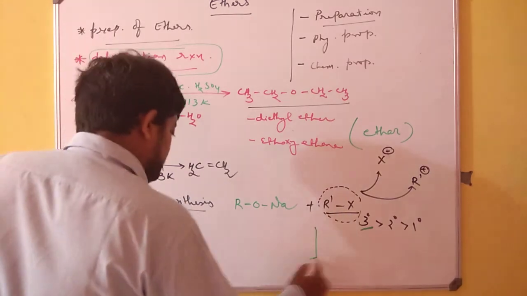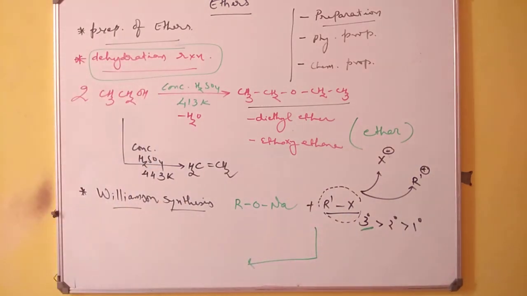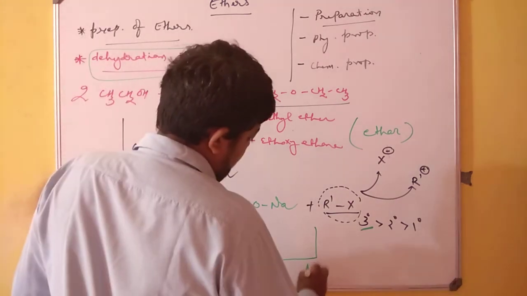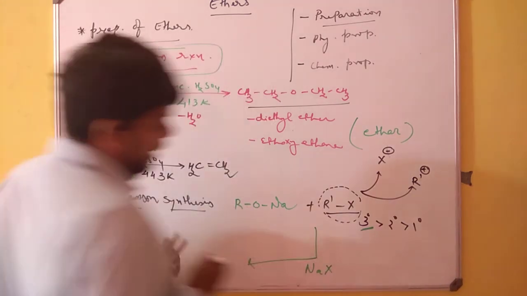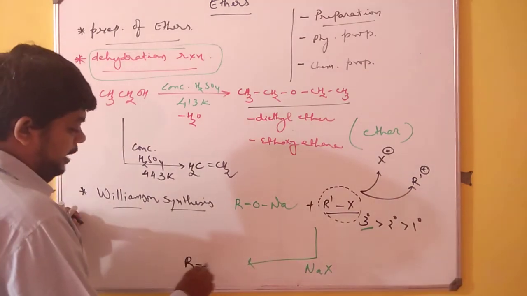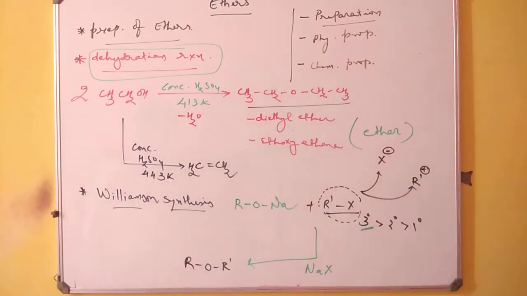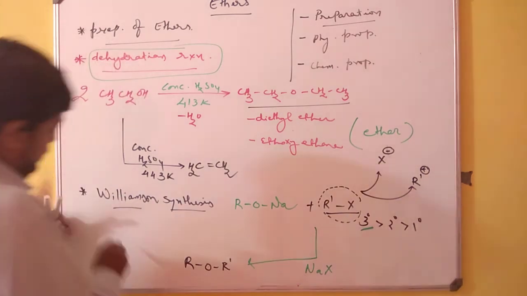In this Williamson synthesis, as and when the reaction proceeds, always keep in mind that NaX will be removed. So when NaX is removed, that is sodium halide, we always prefer to write R O R dash, and the name itself helps you in getting an idea that R will not be equal to R dash.